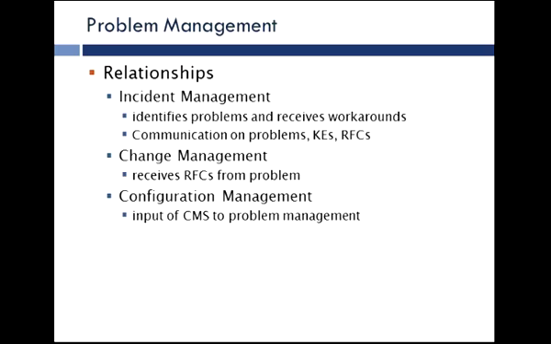Once the problem has been identified and we have a potential fix for this, then we see problem management reaching out to change management with the main objective of saying, here's what needs to be changed. We need you to vet this out and get this through the next change cycle so that we can affect a permanent resolution within the environment.